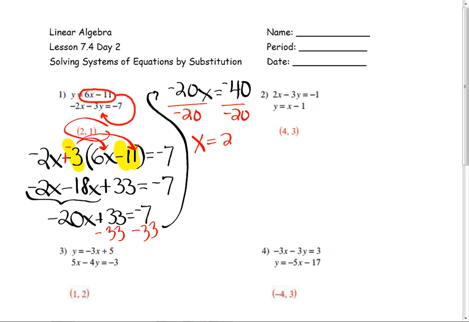Are we done with that problem? Okay, I'll get you one. Right, you substitute it back in to, I would do the first equation because it's already y equals. Okay, right, too big.